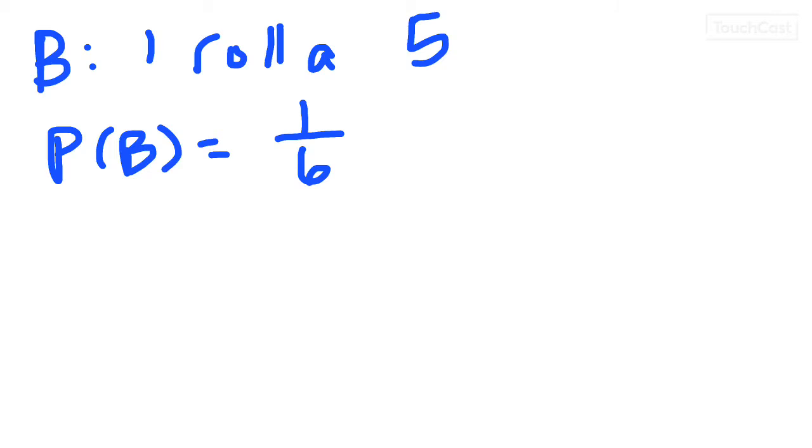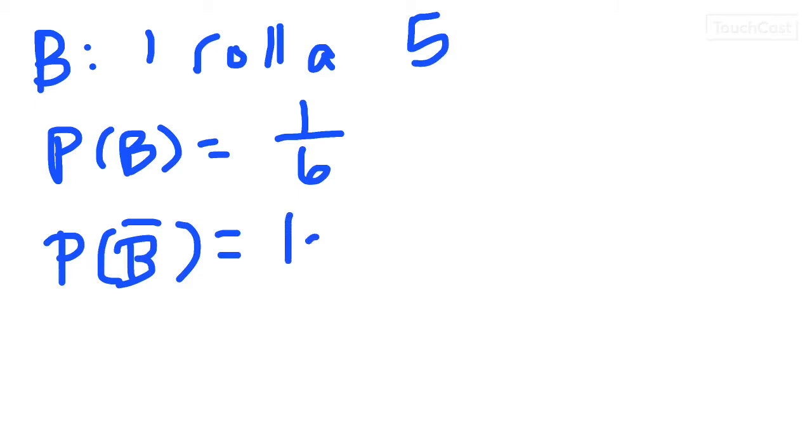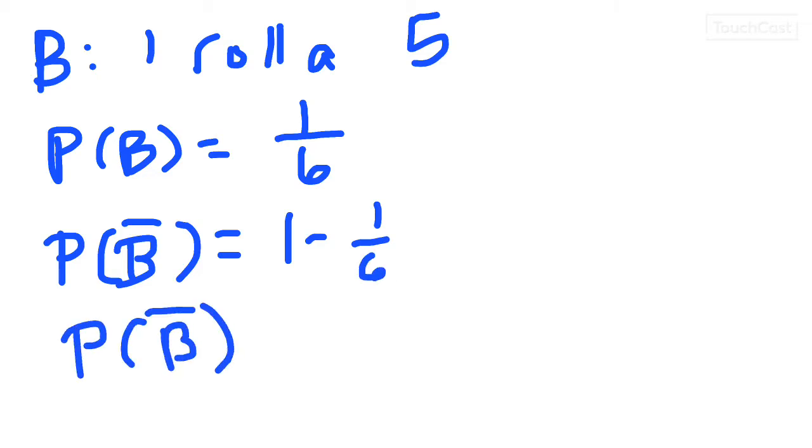The probability that I roll a die and I don't get a 5, I would call the probability of B bar. And that's going to be whatever you have to add to 1/6 to get 1. I could write it out like this. It's like 1 minus 1/6. So the probability of B bar is 5/6. The probability that you roll a die and don't get a 5 is 5/6.